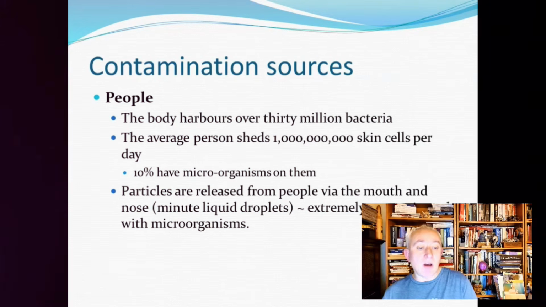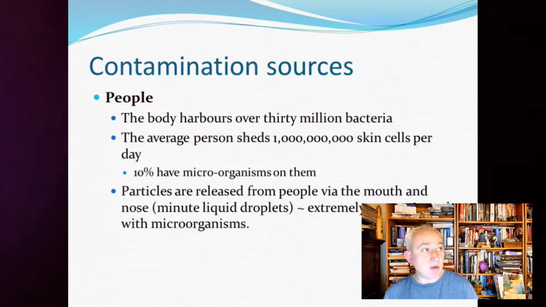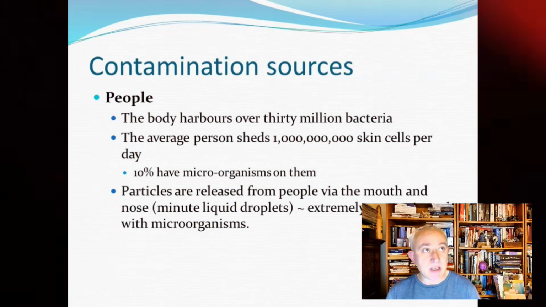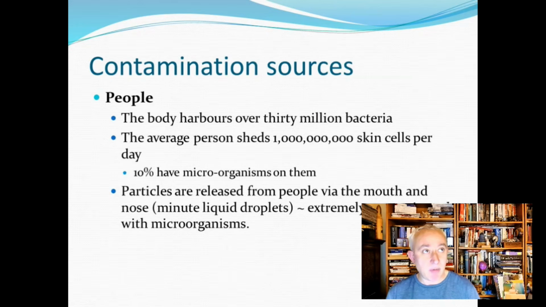So we are a fundamental source of contamination, probably representing somewhere between 70 and 80% of the contamination typically found in clean rooms. And that's because across the surface of our body we're harbouring at any one time at least 30 million bacteria. And we are shedding millions of skin cells per day.